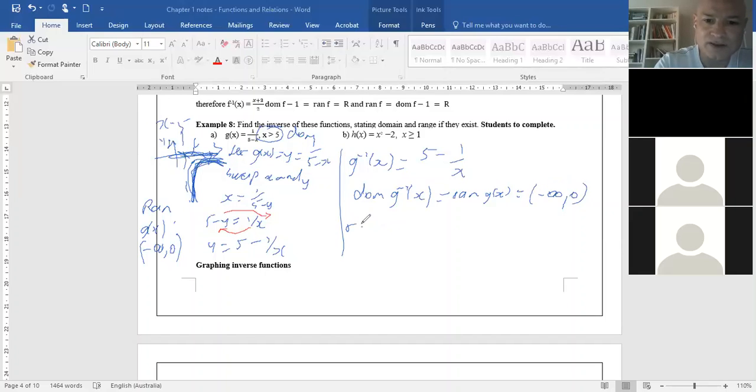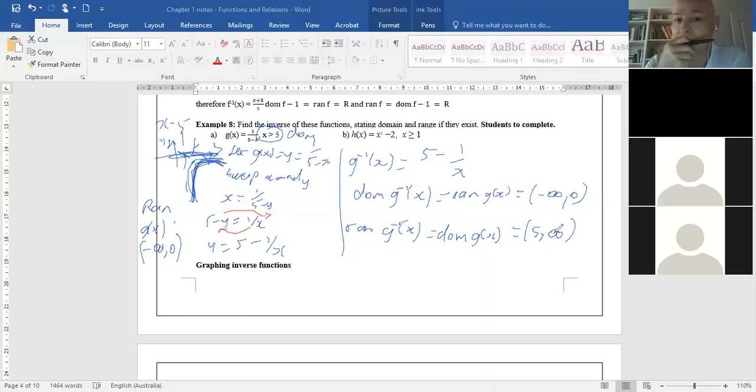The range of the inverse of x equals the domain of g of x, and the domain of g of x was x being greater than or equal to 5. So I'm going to write it as, sorry, greater than 5. I'm going to write it as 5 to infinity. Both open brackets, not square brackets. Any questions there?